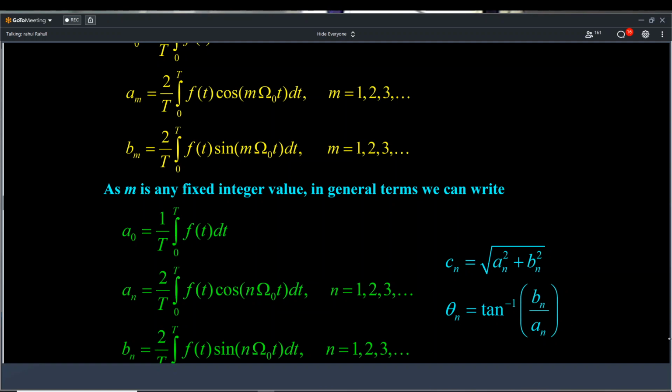Now the question is that in signal processing, multiplying a signal by a constant will not add any information to the signal. If the coefficient is greater than 1, it is simply amplification. If it is less than 1, it is simply attenuation.